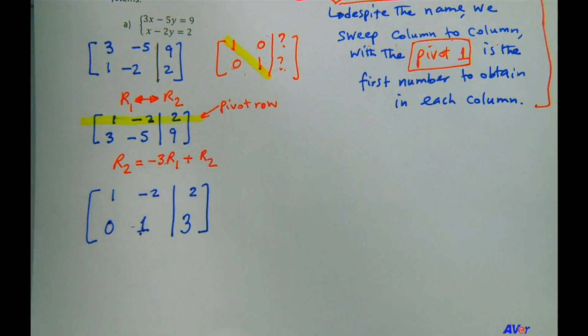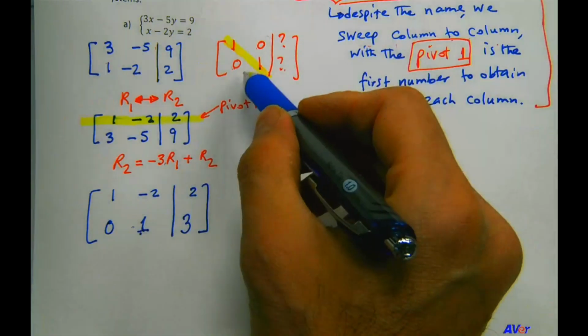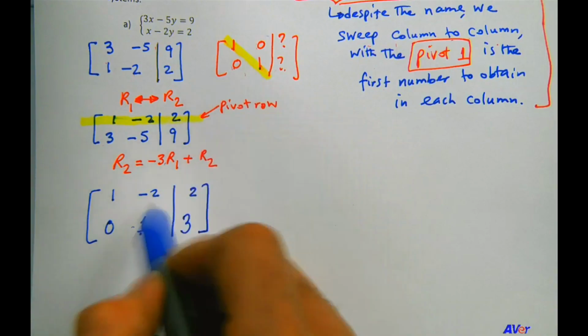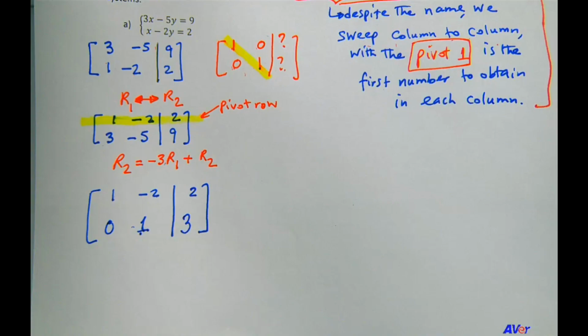So what do we need to do next? As you sit at home watching this video, what do we need to do next? Well, our objective is to make the left look like that, and we sweep column to column. We just got the 1, so now we need to convert the negative 2 to 0.